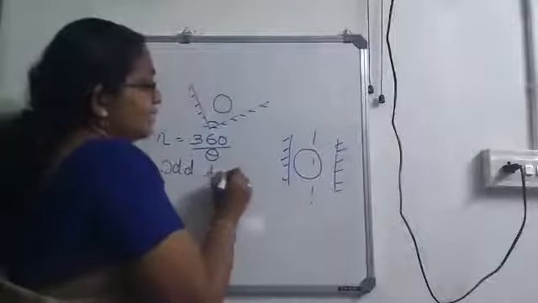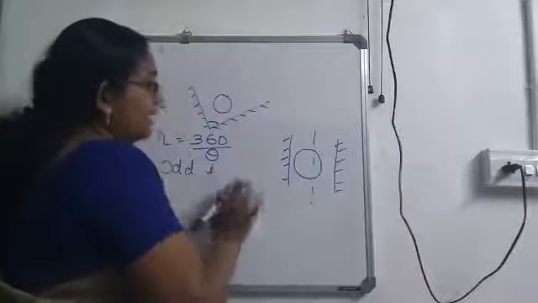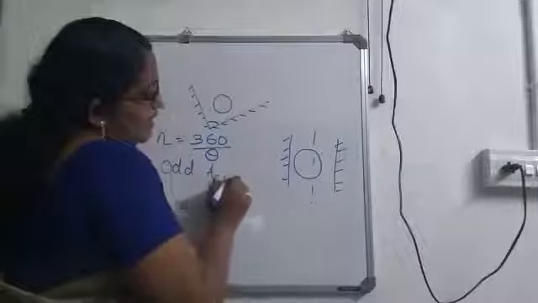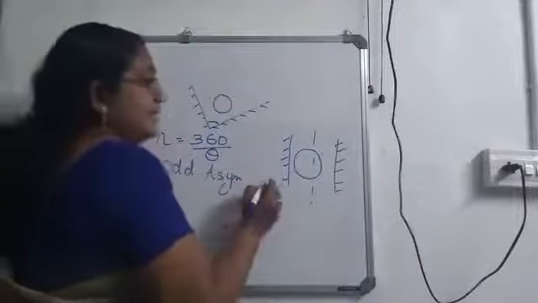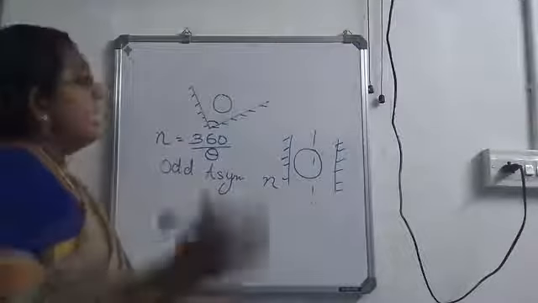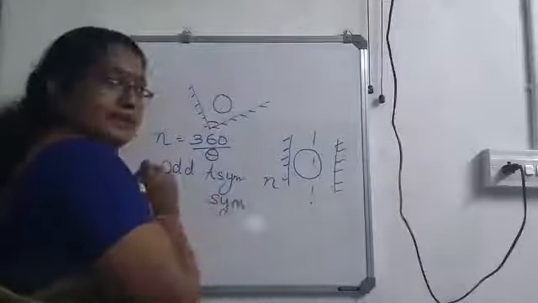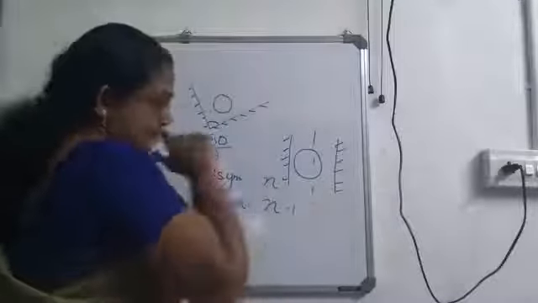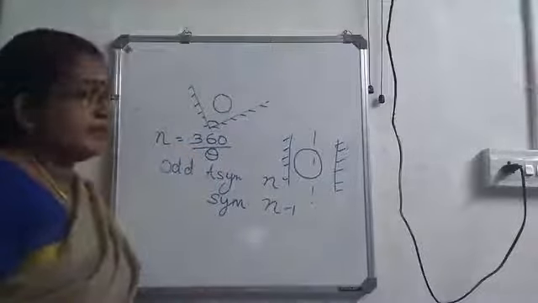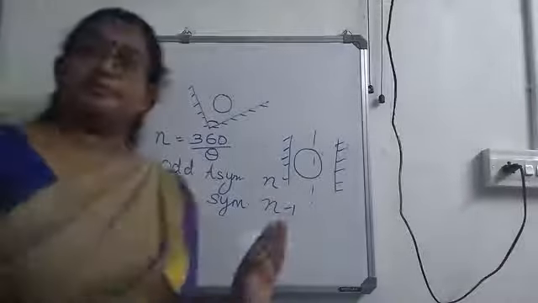If the object is placed asymmetrically, then the number of images formed will be n. Instead of this, if it is placed symmetrically, then the number of images formed will be n minus 1. So this you have to remember.